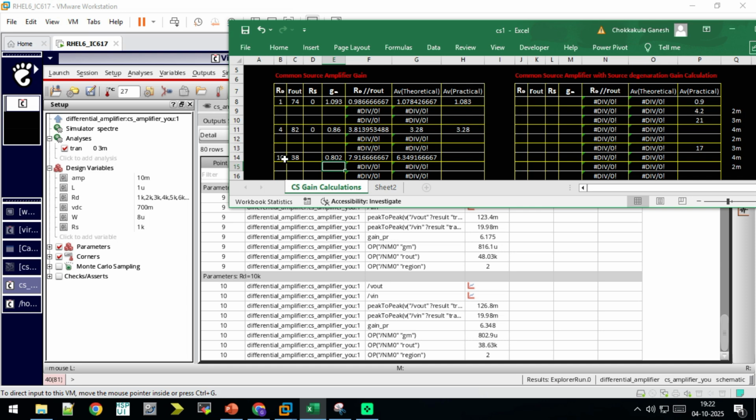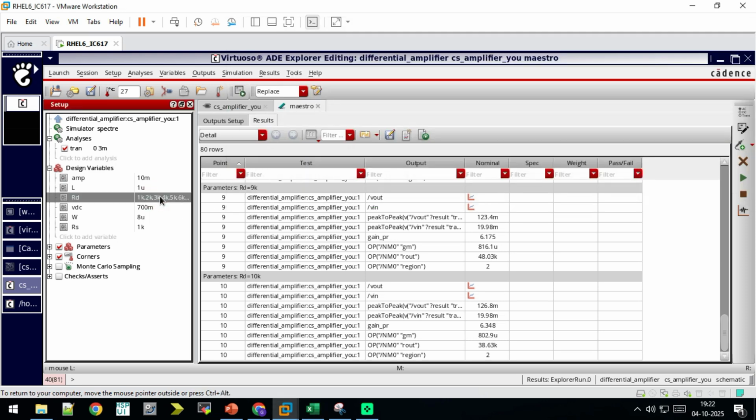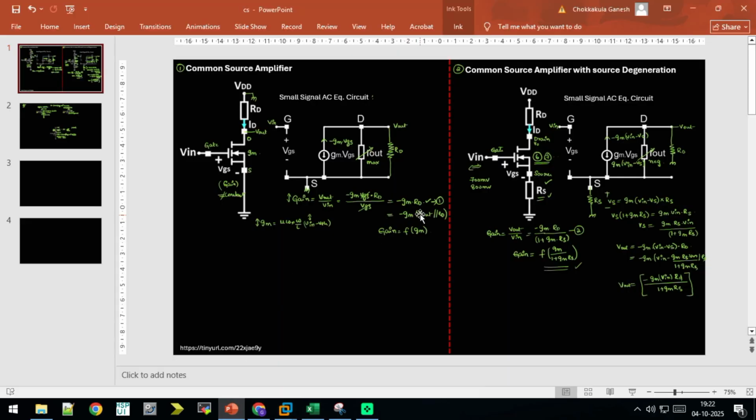So now let me keep the load resistance as the maximum that we got, 10k. So let me fix that load resistance at 10k. So now I'm not varying the load resistance. From the variations of the load resistance point of view, what are the changes in the gain that we have observed? Let me explain it over here. With respect to RL change, we observe the gain.